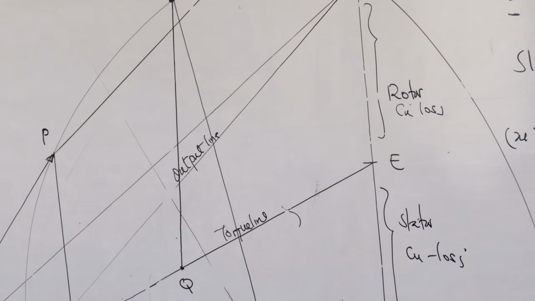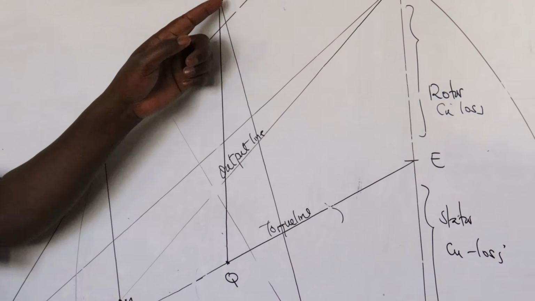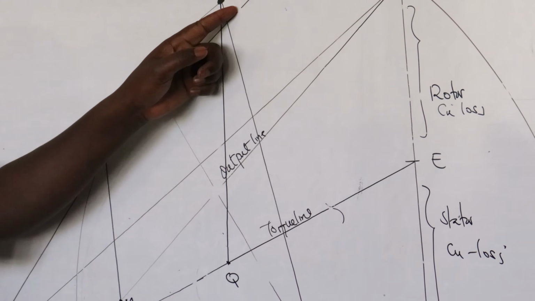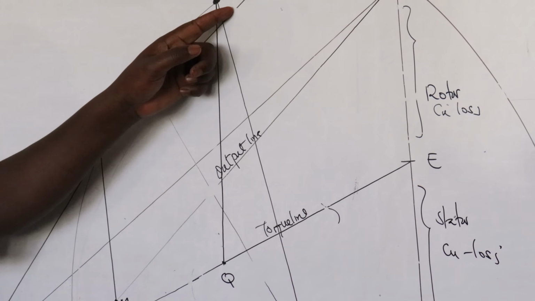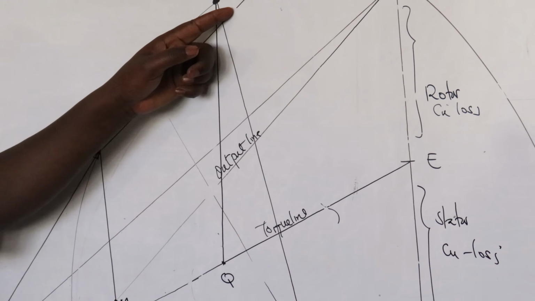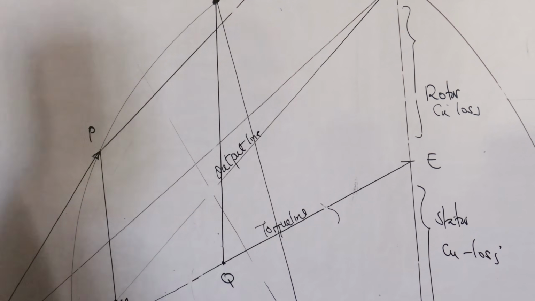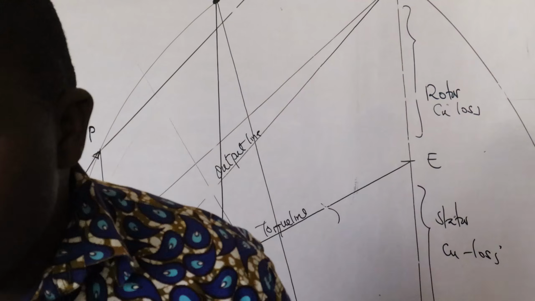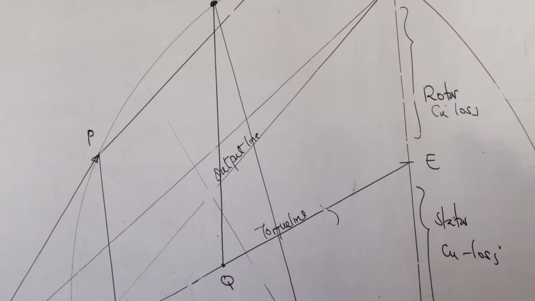Check. I've said where the line is touching the circle, mark T. I'm seeing your T is outside the circle. Are you sure it's on the circle? Make it at the circle. Where the line is touching the circle, mark T. Drop T back to torque line perpendicularly. I mark it Q.